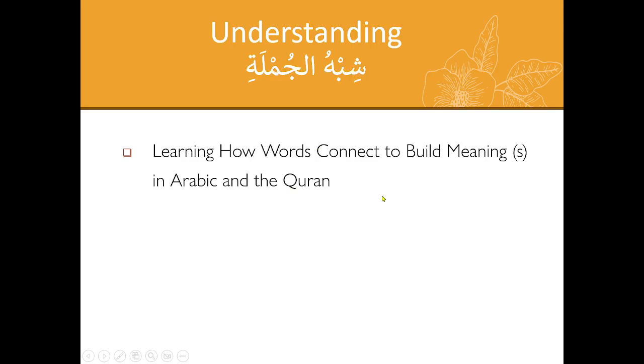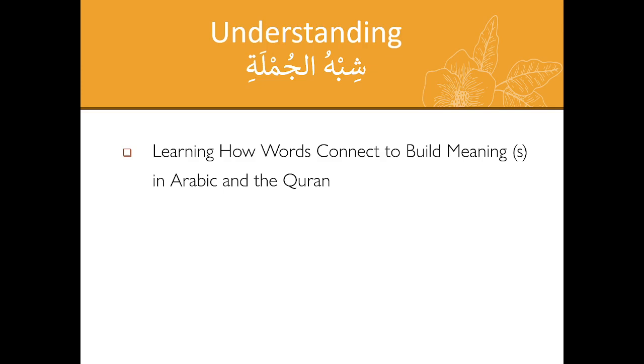So now we are talking about how to connect words in a sentence. From a simple sentence, like for example a Jumlah Ismiyyah, you just have a Mubtada and Khabar, you can build one just from these two components, but it may not be an informative sentence. So we'd say, he's a teacher.